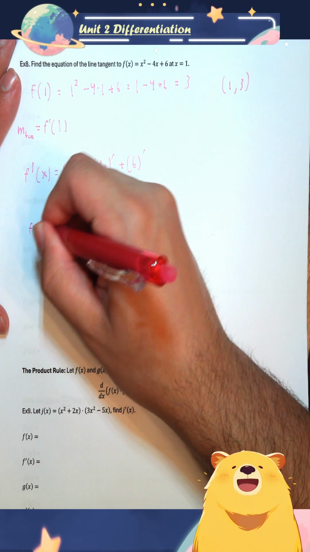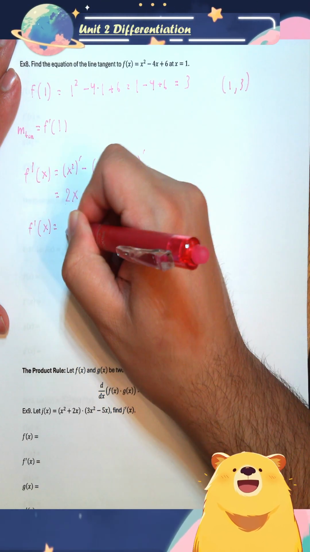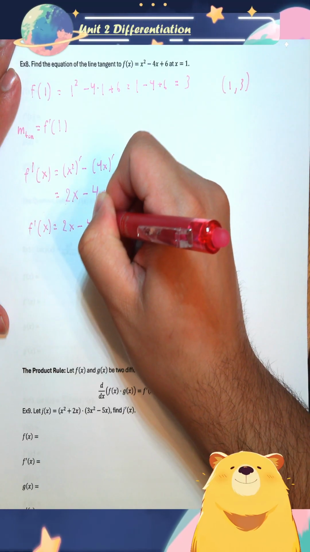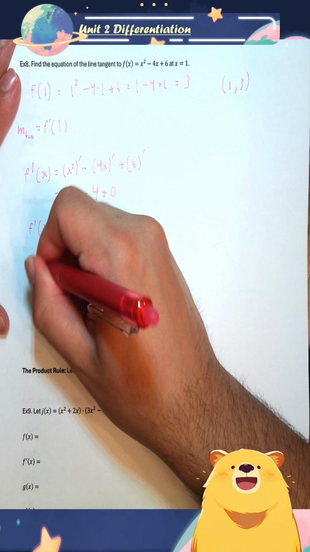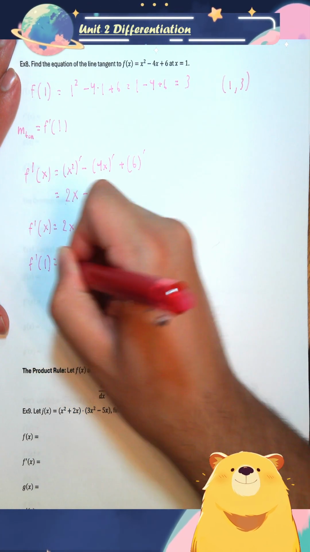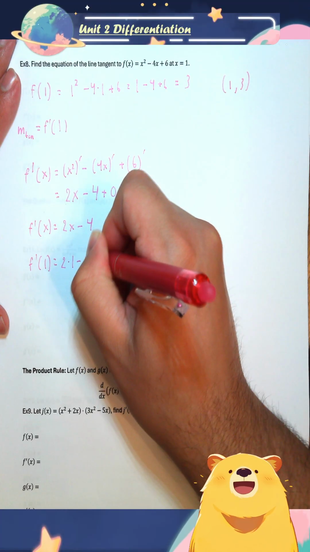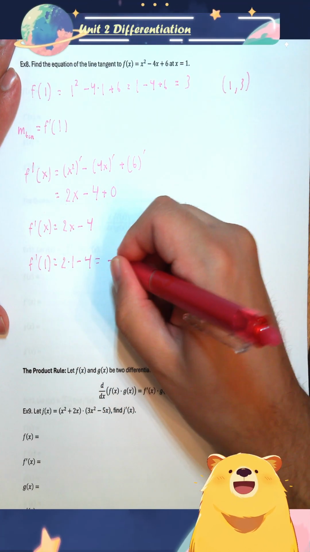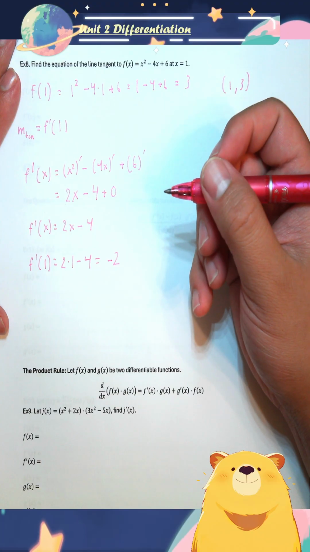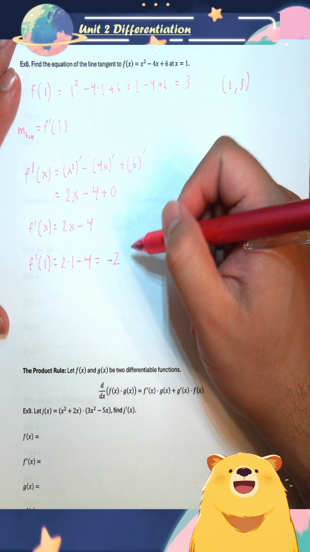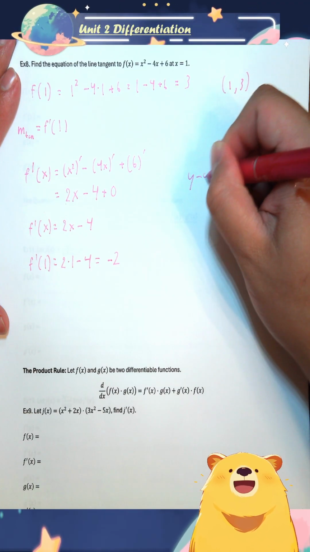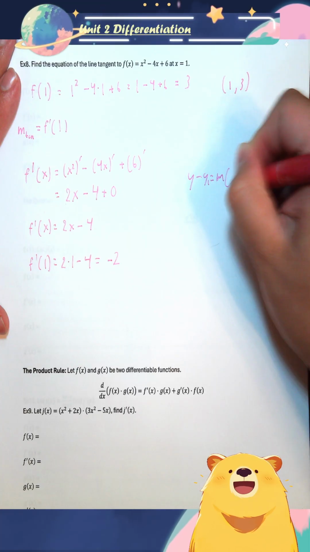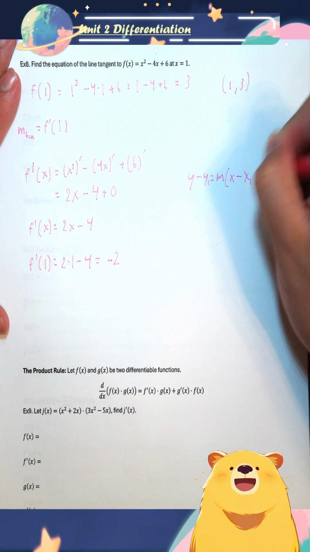Now, after having this derivative function, we still need to find f prime of 1. So just plug in 1. 2 times 1 minus 4, that's going to be negative 2. So your slope is negative 2. Now we just need the equation. So y minus y1 is equal to m times x minus x1.